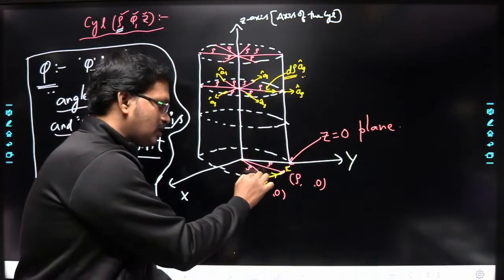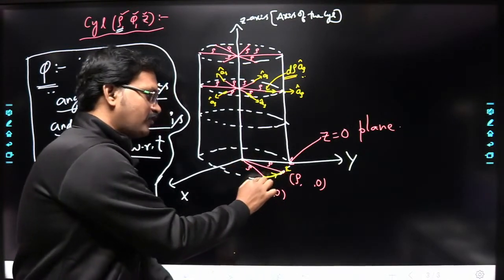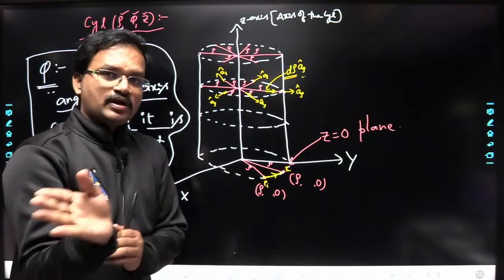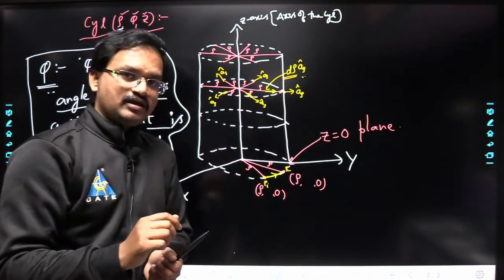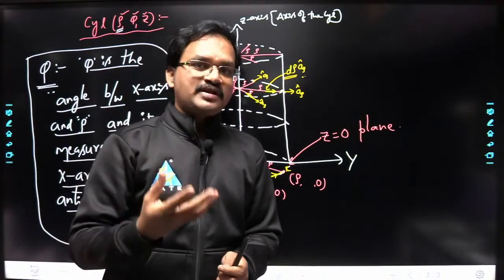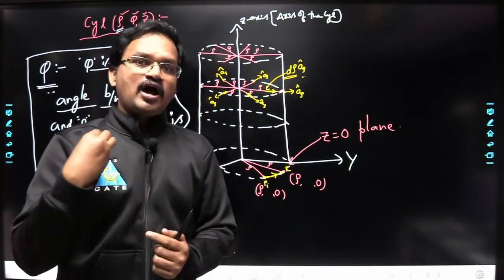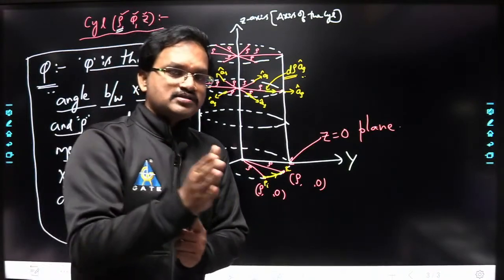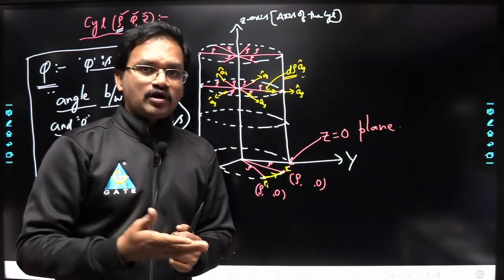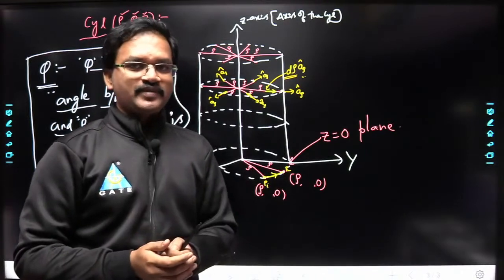You are moving along the circumference of the circle from P1 to P2. That means you are tracing a curved path. So in order to represent the movement along the curved path, or the movement along the circumference of the circle, you need an angle or not? Yes or no here?